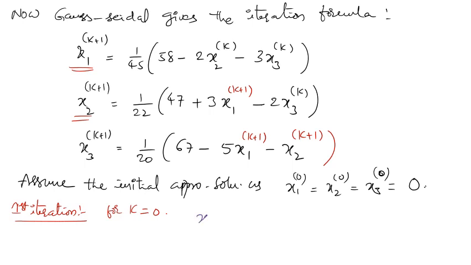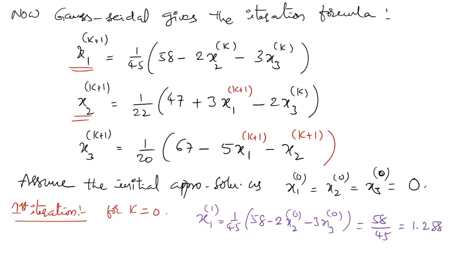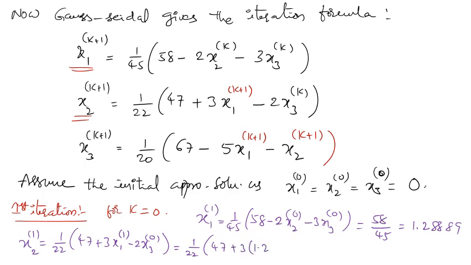So what is the value? x1 at first iteration is 1 by 45 of 58 minus 2x2 at 0, minus 3x3 at 0. Since x2 and x3 are 0, this is 58 by 45, which is 1.28889. Next one, x2 at first iteration is 1 by 22 of 47 plus 3 times x1 at first iteration, minus 2 x3 at 0th iteration. This is 1 by 22 of 47 plus 3 into x1 at first iteration, 1.28889, and x3 is 0.